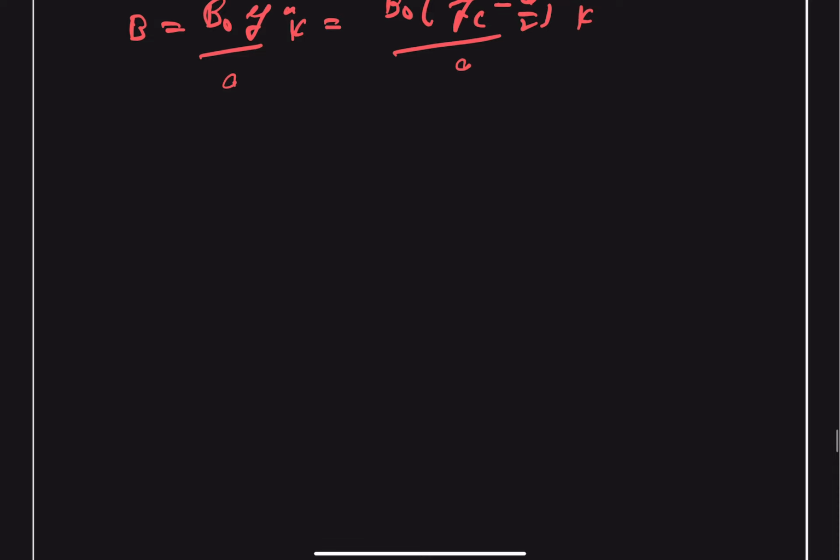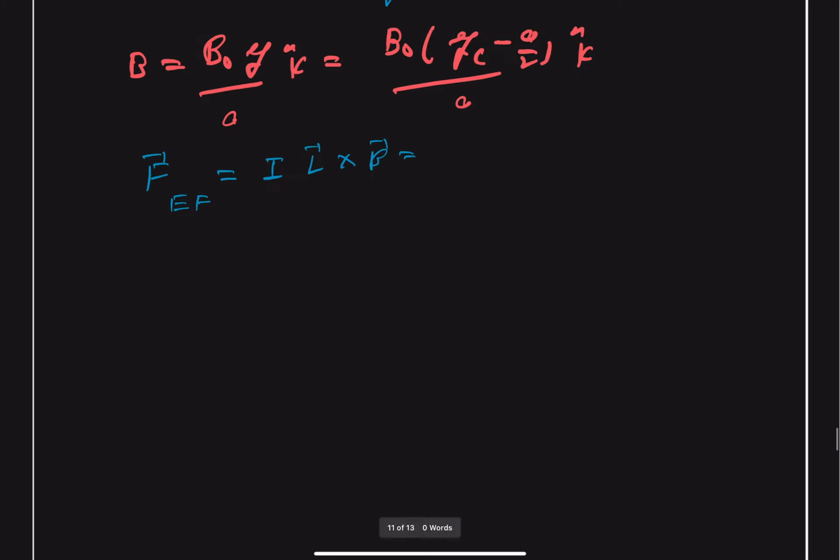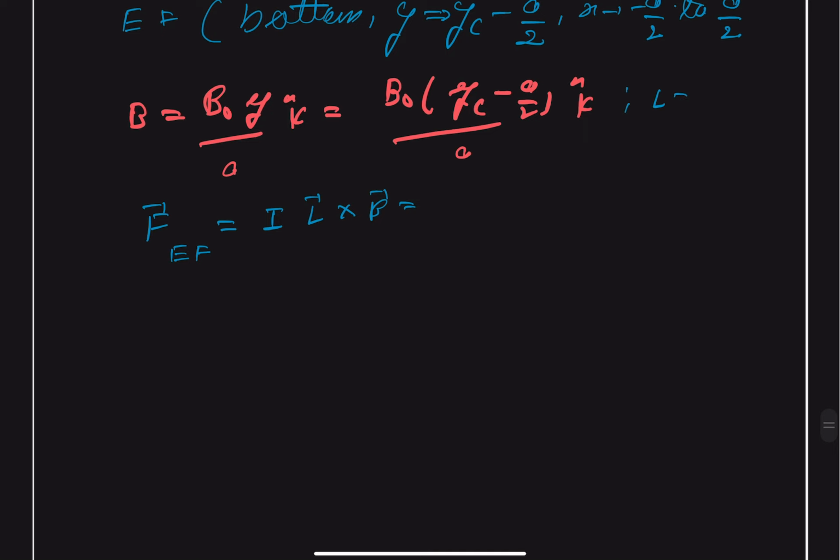So the force F on the side EF, we are going to calculate this as IL cross B, and our L will be along the length A and along the I unit vector.